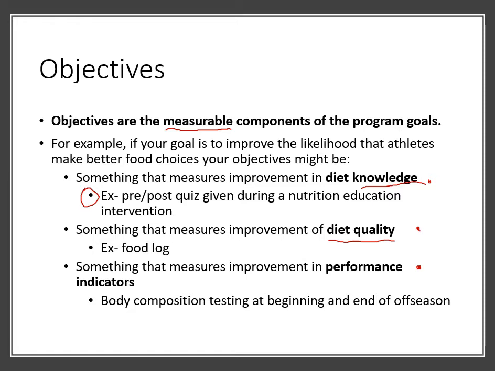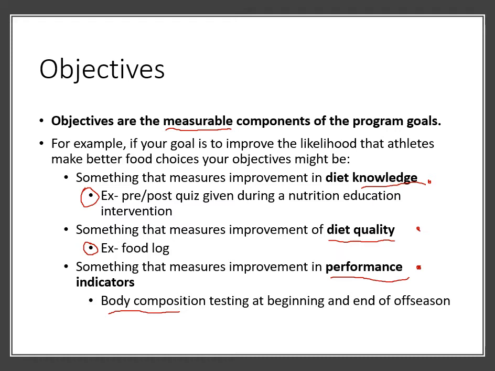You can determine that through a food log, maybe a before and after. You take one at the beginning of the semester, and then after your education interventions, see if they're actually making some changes. And finally, we know as sports dietitians that an athlete who is educated and making good food choices is going to have some improvements in their performance indicators, and those are things like body composition testing at the beginning and at the end of the off season.